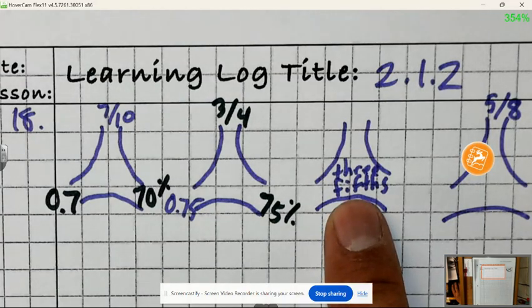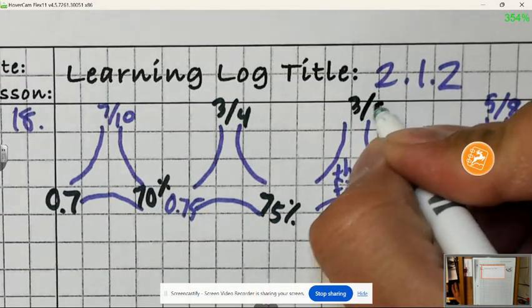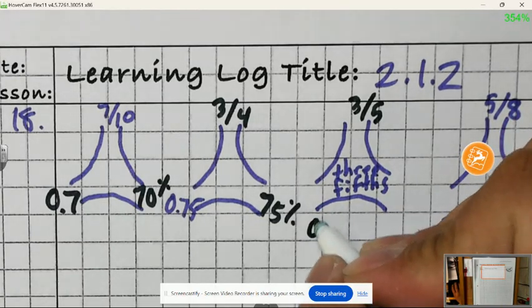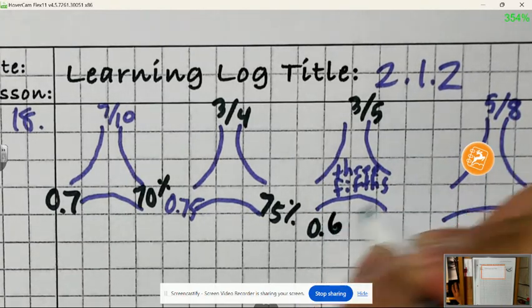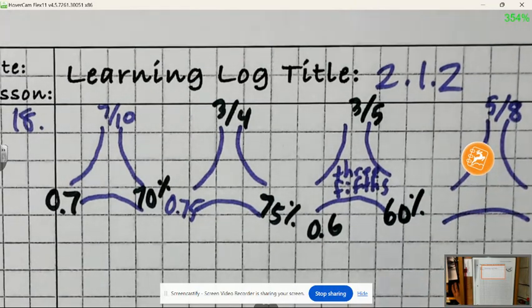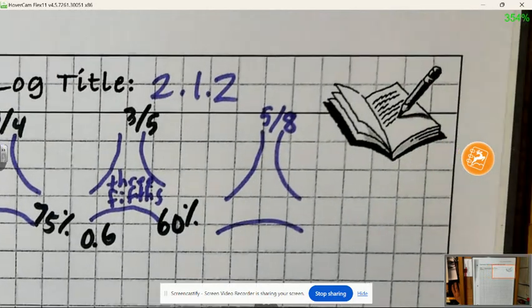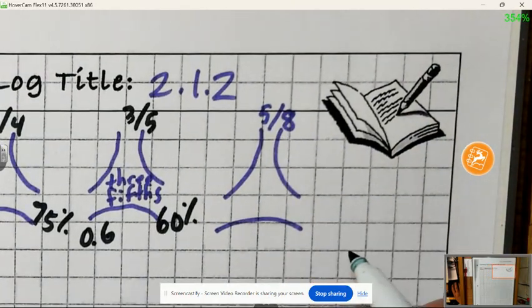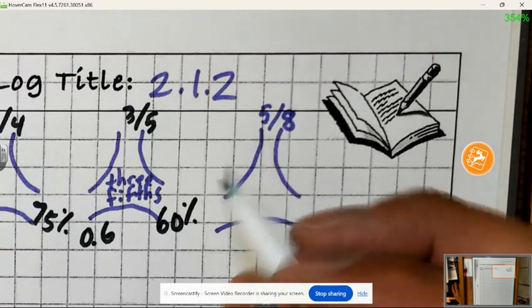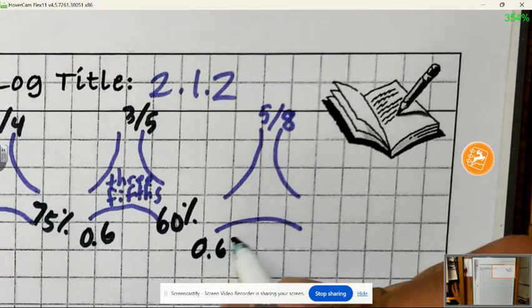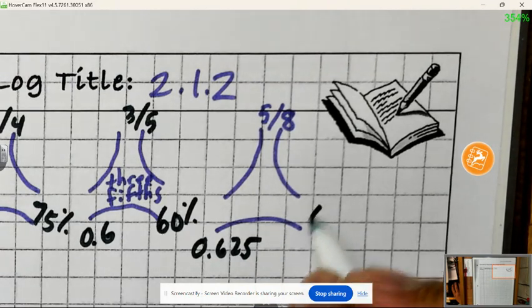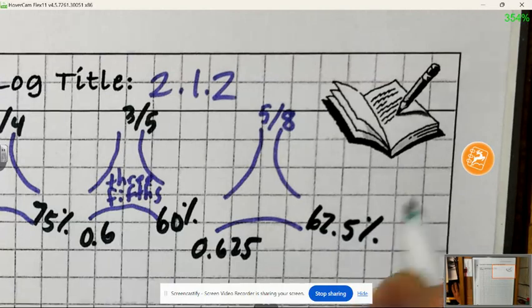Alright, then we have 3/5. This is what it looks like as a fraction. As a decimal, we have this, and as a percent it is 60%. Alright, now 5/8. Not sure as a percent, but as a decimal, we can do 5 divided by 8, which is 0.625. And then 62.5%.